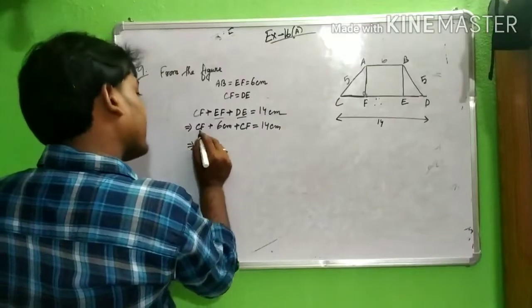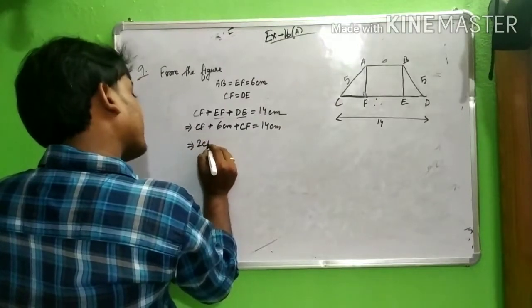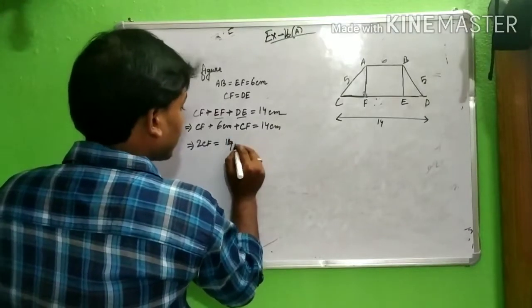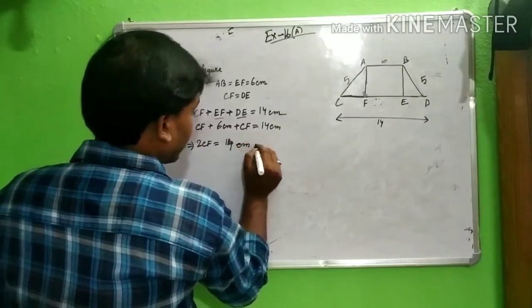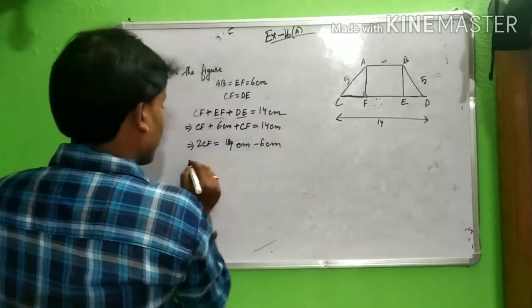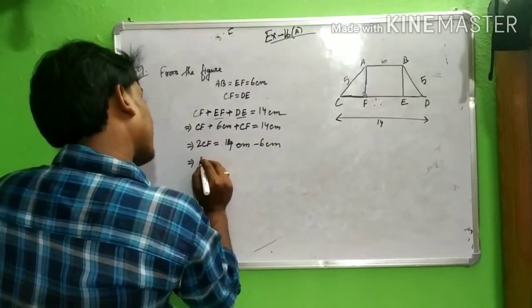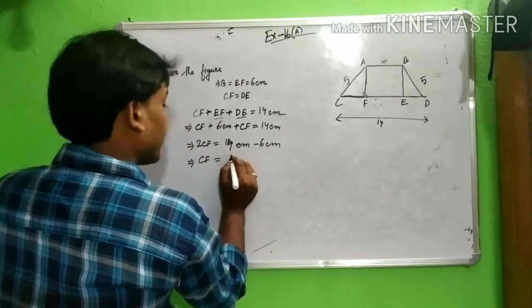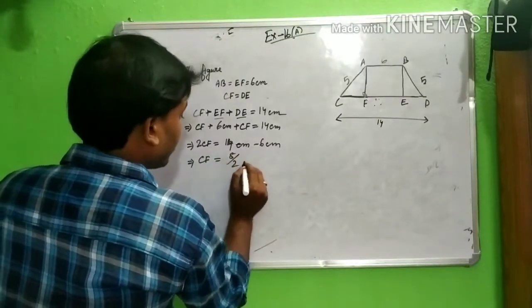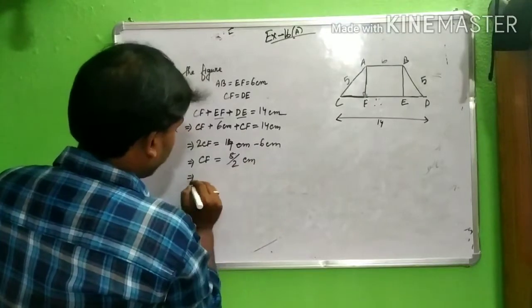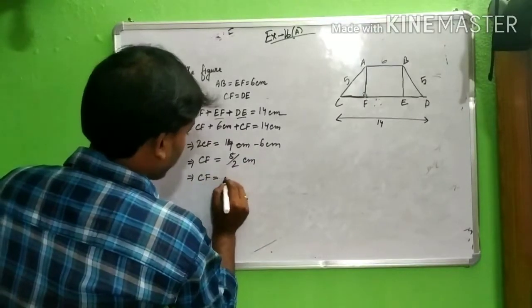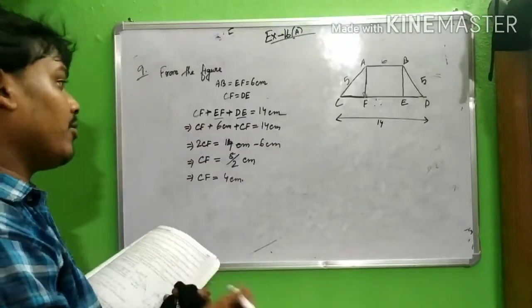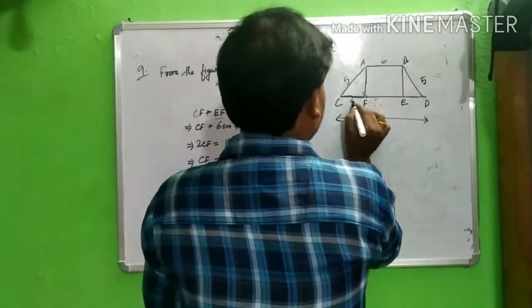So CF plus CF, 2CF equals 14 centimeter minus 6 centimeter. So 2CF, or CF equals 14 minus 6, 8 by 2 centimeter, or CF equals 4 centimeter. Okay, so it is 4 centimeter.